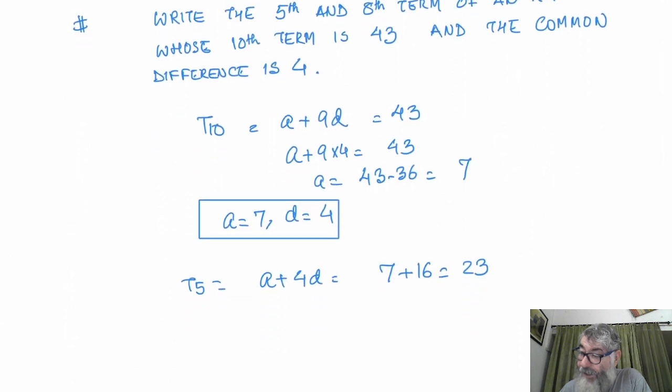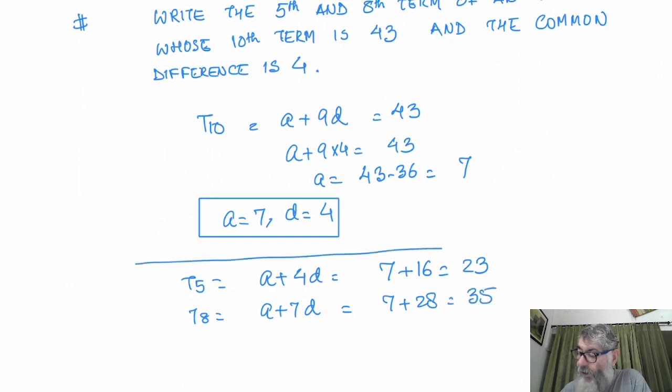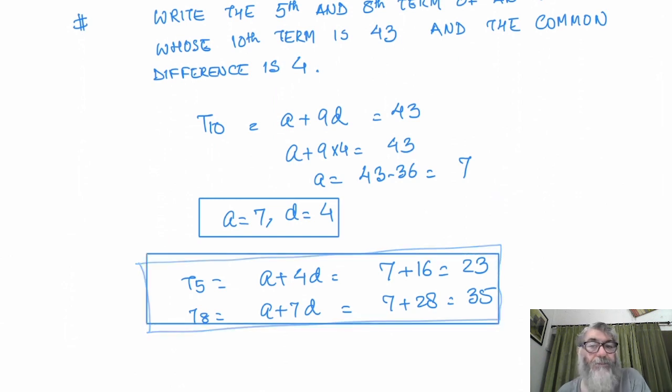Then he says find the eighth term, so A plus 7D, 7 plus 28, that is 35. So we have got the fifth term and the eighth term.